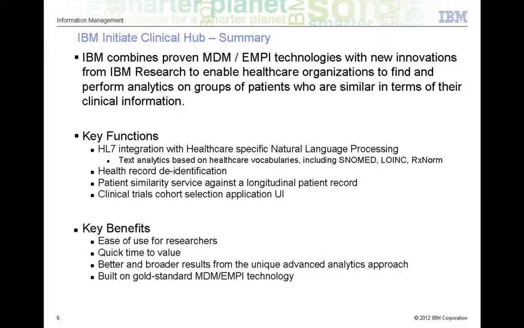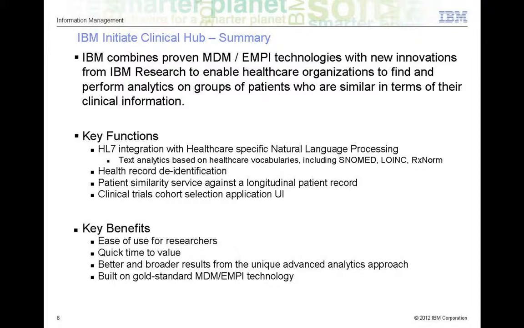So you can allow physicians and you can allow researchers to do self-service queries upon this and then speed up the results of doing clinical trials. And the one application that we have built on top of this is something that allows you to search for patients based upon cohort selections. Again, kind of aimed at clinical trials or finding patients for clinical trials, but it can really be used in general for searching.